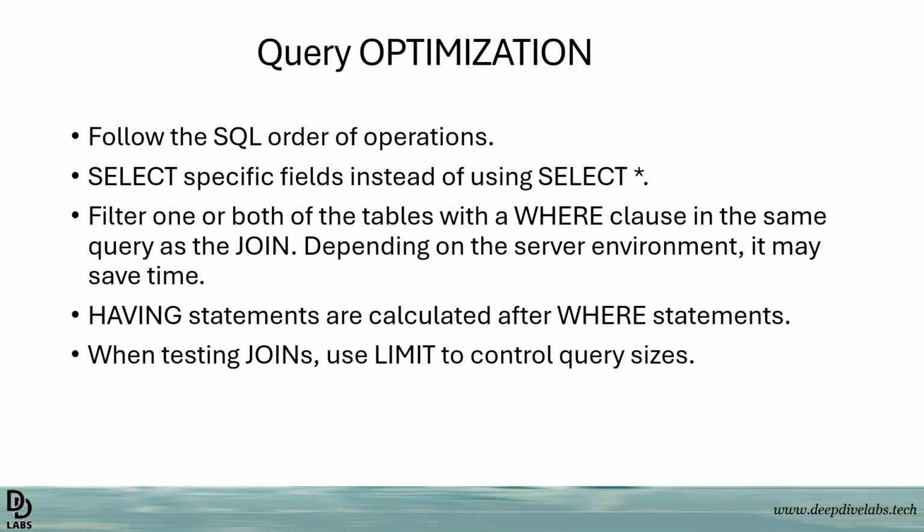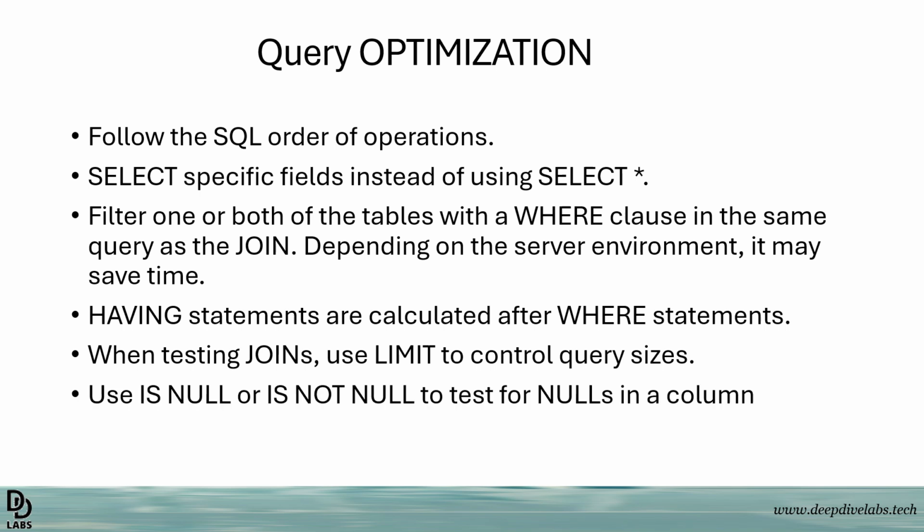You can limit 5 to just see if you got your joins correct and to control your query sizes. Finally, there might be missing data in your database, so you want to say is null or is not null to test for nulls in the column, and not equal to.